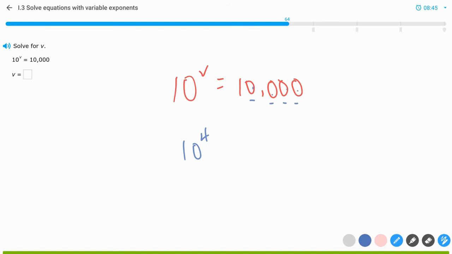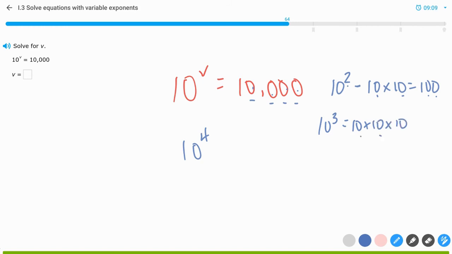And we can double check that. 10 to the second power is 10 times 10, 100. You can see I have 1 0, 2 zeros. My exponent is 2. 10 to the third power, 10 times 10 times 10.